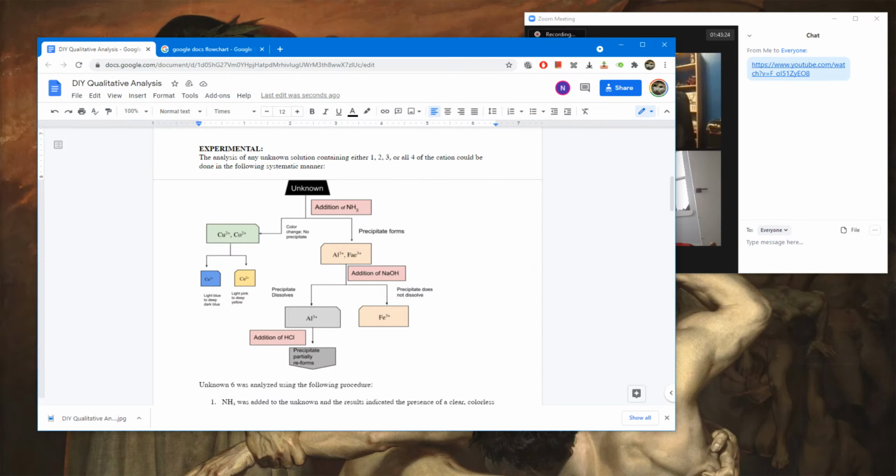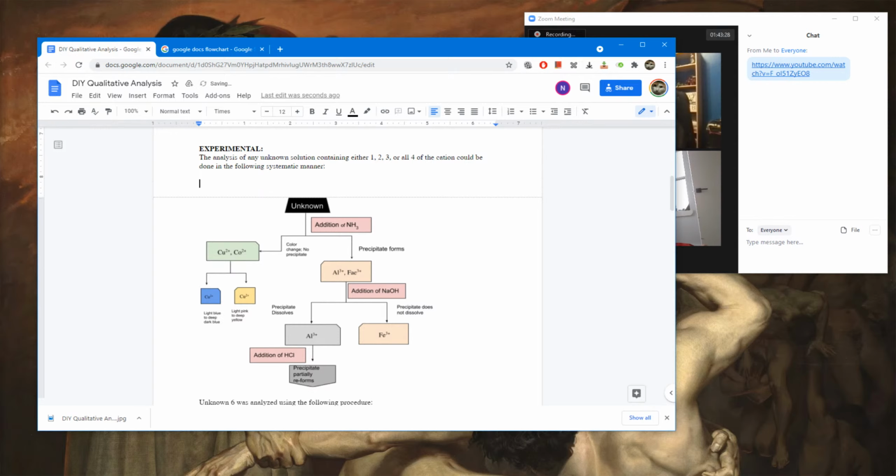So in the following systematic manner, and then I'll call this flow chart 1. This is supposed to be a detailed set of procedures used to analyze any unknown.